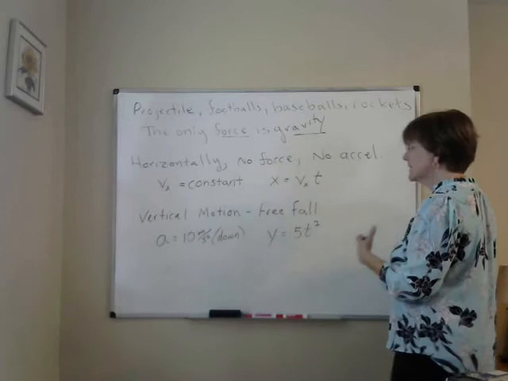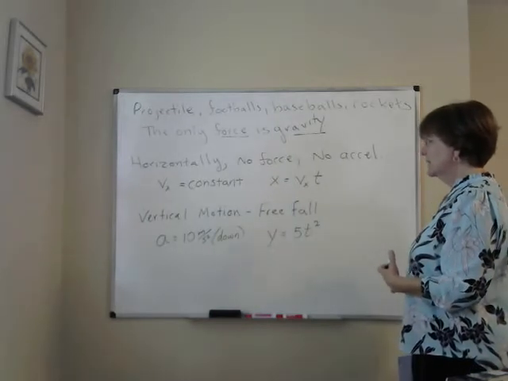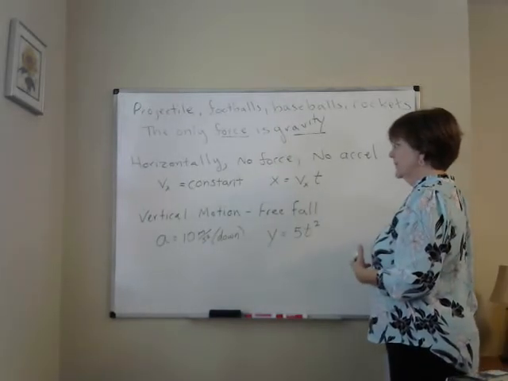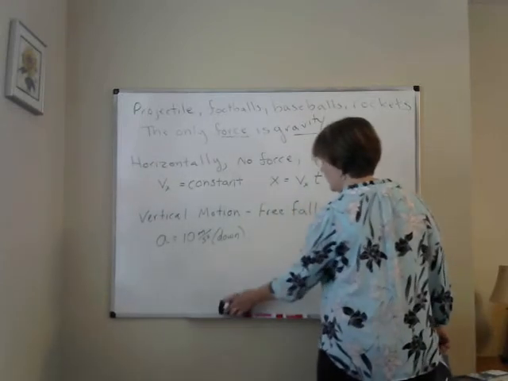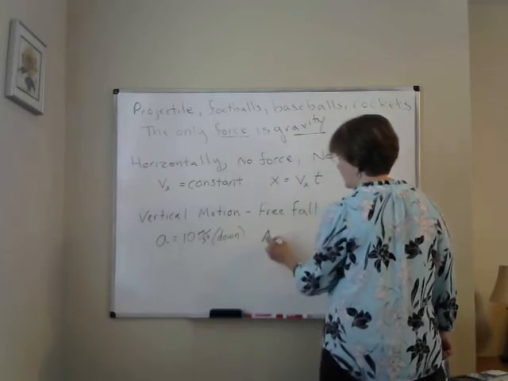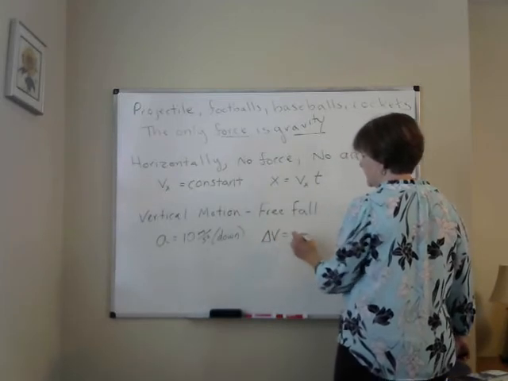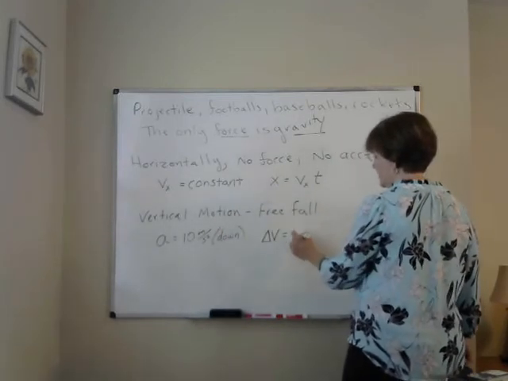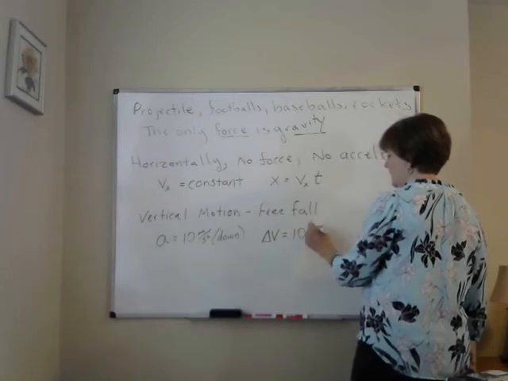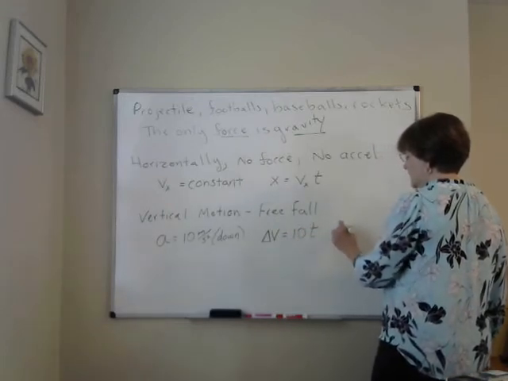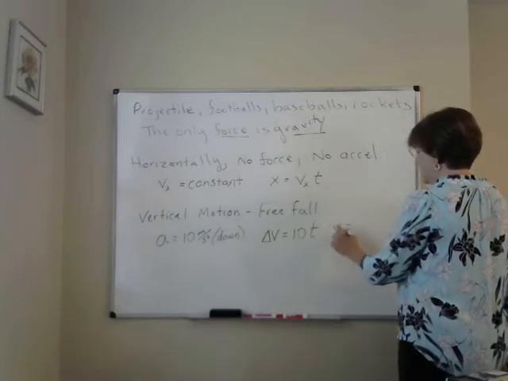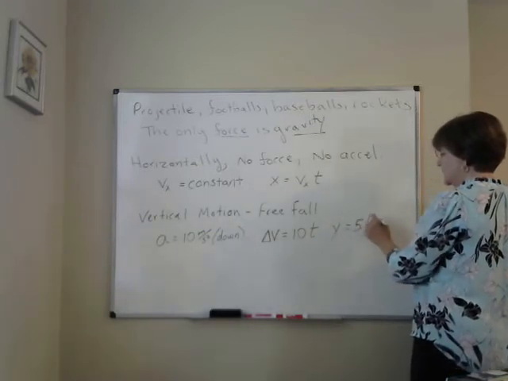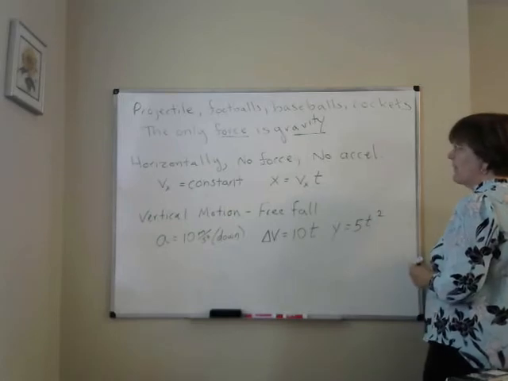That's the exact same formula that we had before. We also know that the change in velocity, how much the velocity increases, is going to be equal to that acceleration times the time. And of course, the distance that it drops, I'm going to call that y, is 5t squared.